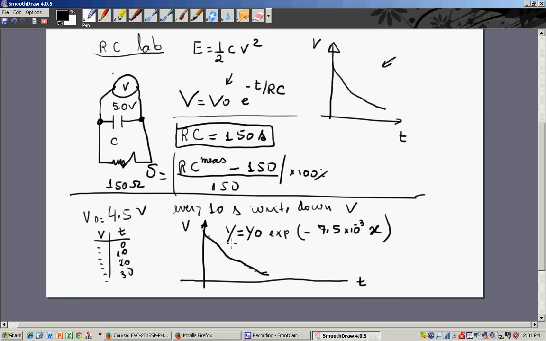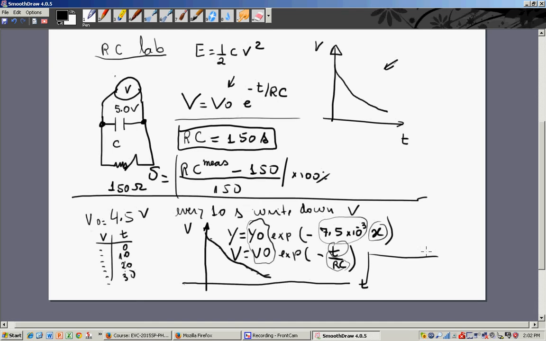Times X. Now, when you compare this equation, which Excel is telling you, okay, this is the best I can do with the points you gave me, when you compare with this, you realize that those two numbers should be the same, ideally, and your X is T, and this number over here is 1 over RC.